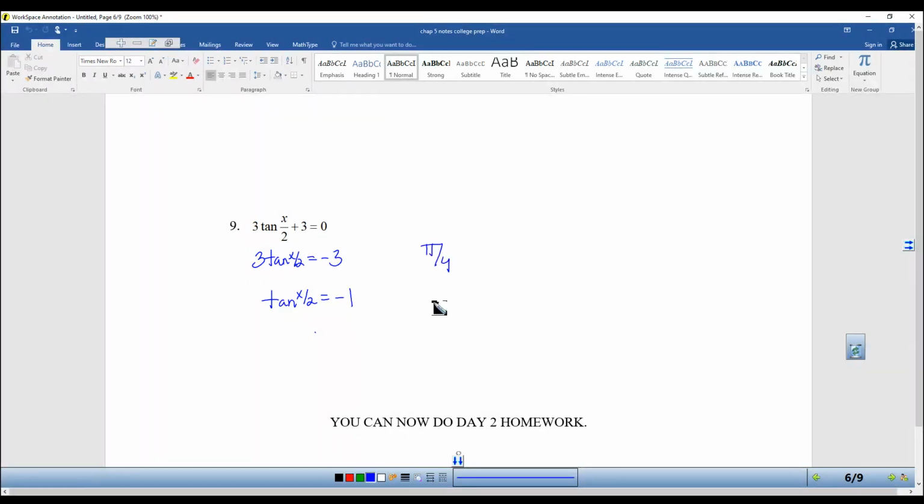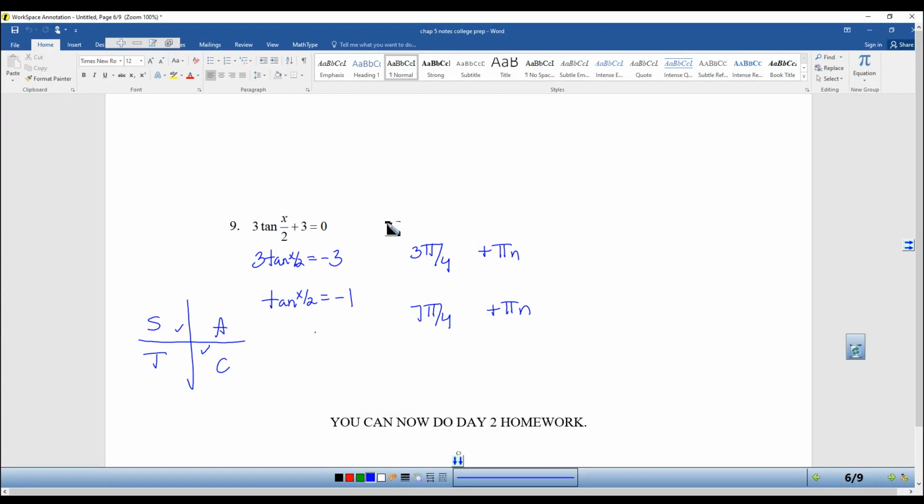At pi fourths, there's going to be 2 answers. And for tangent, we're adding the period, which is just pi n. Because tangent is -1, I'm looking in the second and fourth quadrants, because according to my forecast, that's where tangent is negative. So I want 3 pi fourths and 7 pi fourths.